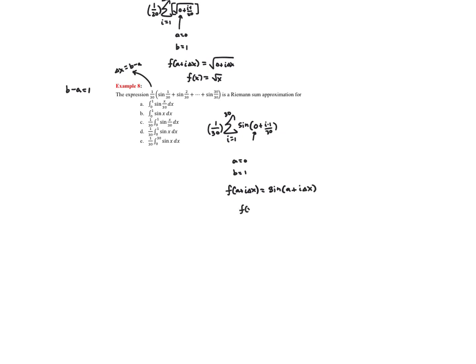So f of x is equal to the sine of x. There it is. Our integral expression is going to be from a to b, so 0 to 1 of f of x dx. 0 to 1 of sine of x. Boom, there it is. B. All right, let's continue with a few more examples.